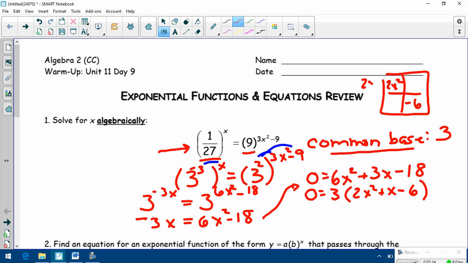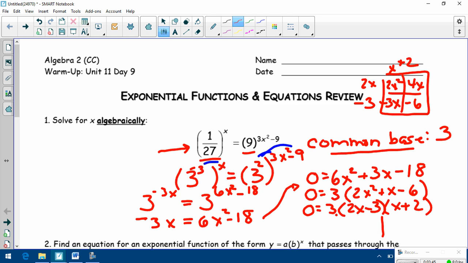So this is definitely going to be 2x and x. And we got to multiply to 6. There's no GCF anymore. So probably 3 and 2. Let's put a 3 here and a 2 here. This is a 4x. This is a 3x. If I need a positive x in the middle, I need a plus 4x and a minus 3x. So we have 0 equals 3 times (2x minus 3) times (x plus 2).